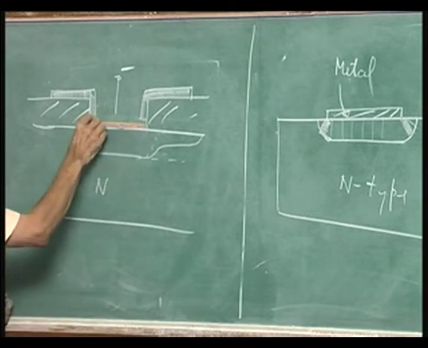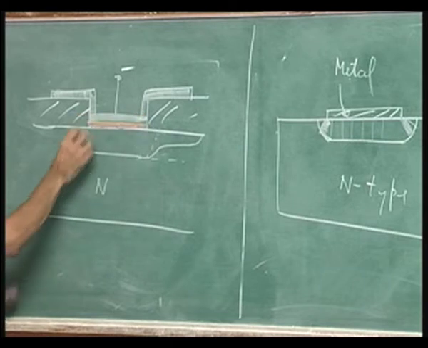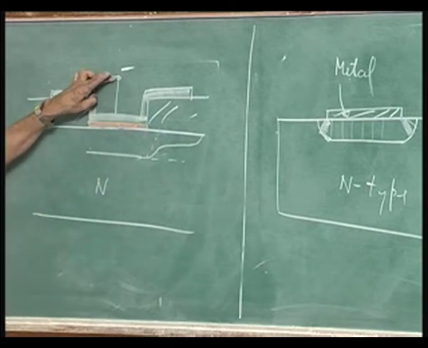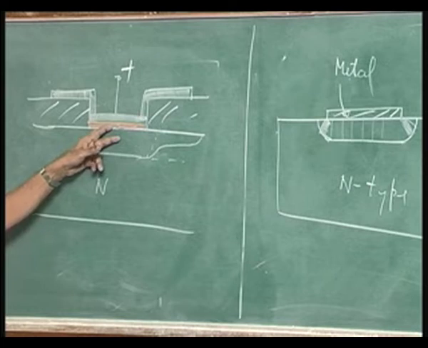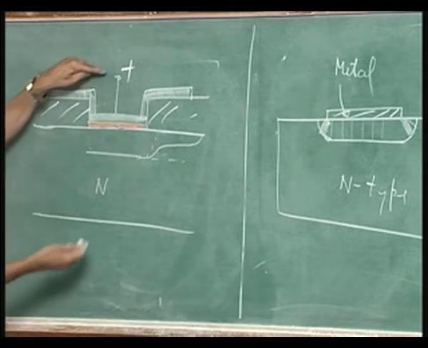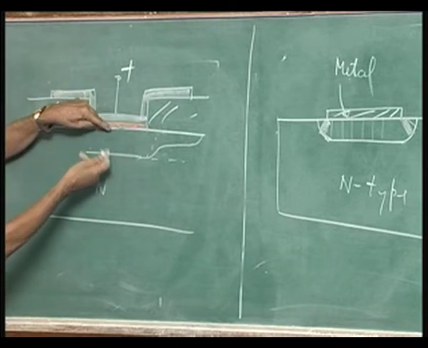Now, let us say all those effects are overcome by the field plate, etc. You put the metal here, whatever changes in voltage you make, particularly in the forward direction, the impact is much more. Reverse direction is not going to be affected, because it is going to cut down leakage current if at all. In the forward direction, when I apply a voltage V here, that gets shared between this and this.